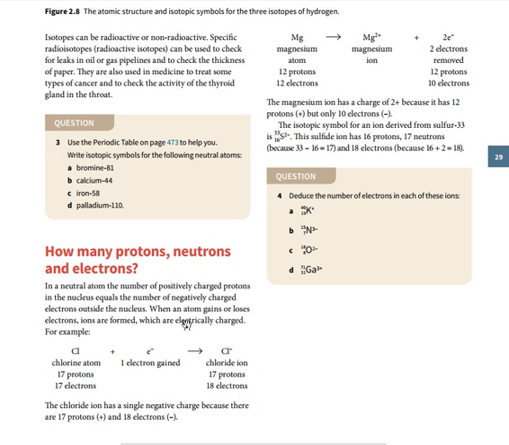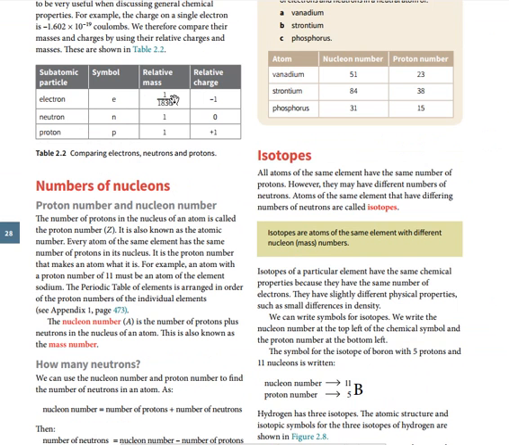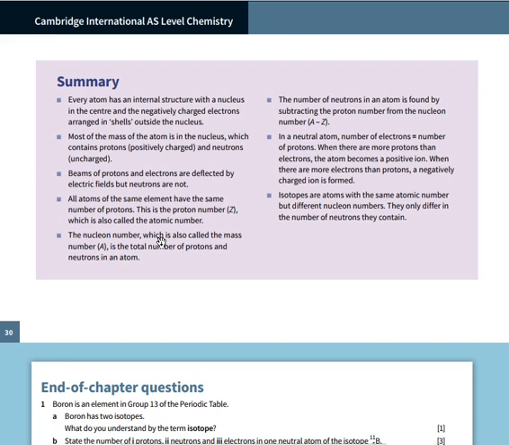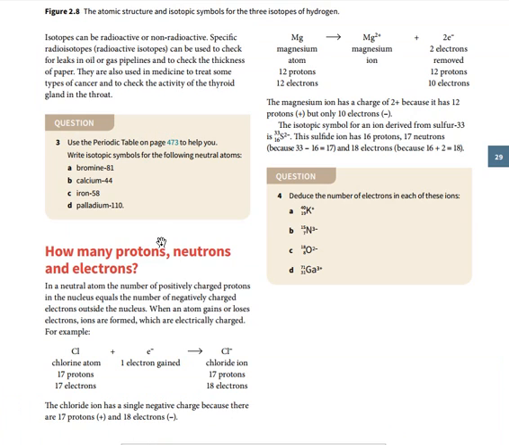Their mass is 9.1 times 10 to the power negative 31, and their relative mass is 1 over 1836 compared to the neutron and the proton. So it is about 1 over 2000, which is negligible compared to the mass of a neutron or a proton.